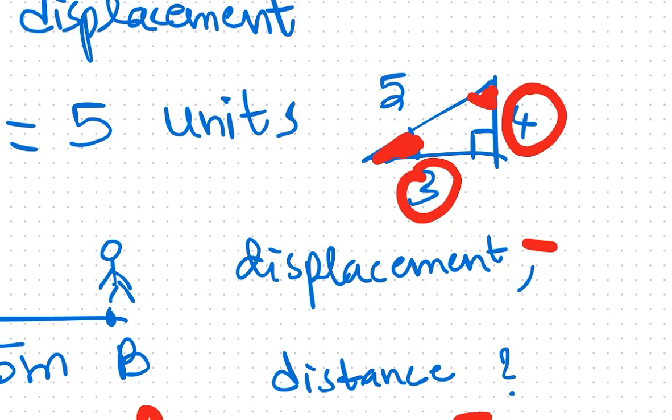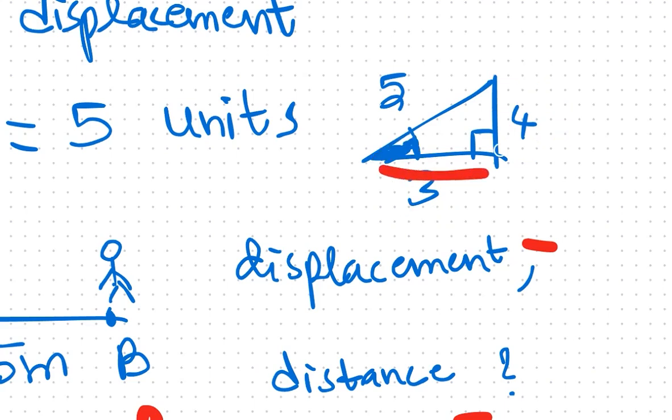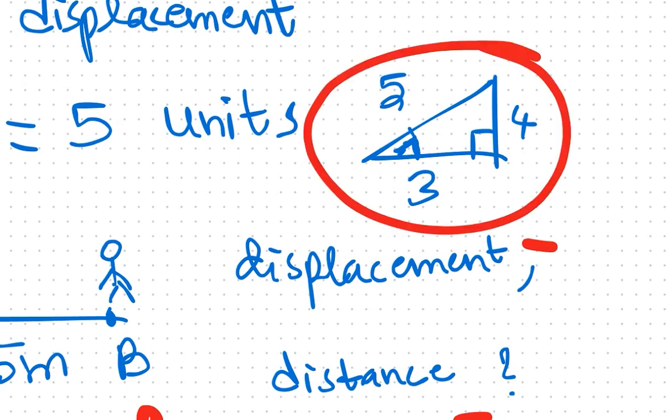So which side is bigger? Side 4 is bigger. So the angle opposite to that will be bigger. One way to look at it is, the highest angle in this triangle is what?